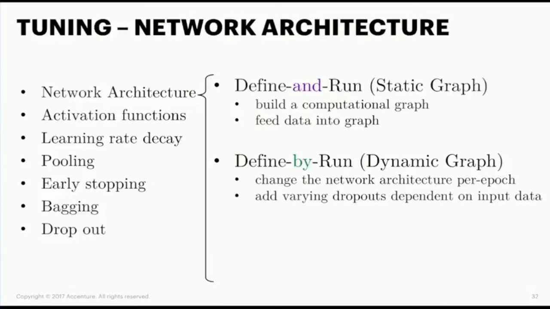Now, there's one other thing you can do with the network architecture, and this has been around for a while, but it's quite new in terms of people applying it, which is called define by run neural networks. Define and run is what the vast majority of neural nets are, and that's where you effectively spell out what the network looks like, and then you just say iterate over it, just do more of that. Define by run allows the computer to change the network as it goes, dependent on set criteria.